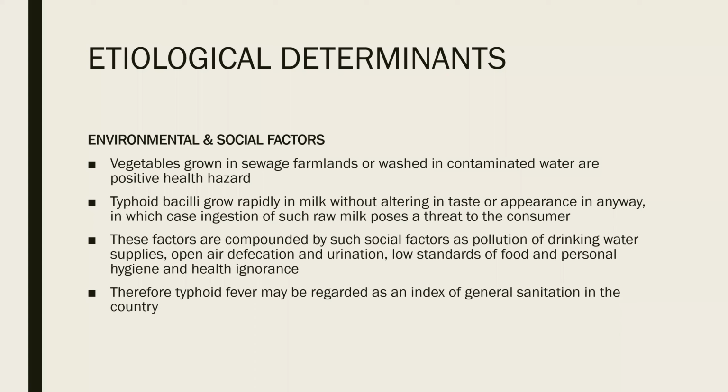Such ingestion increases the risk of the patient getting the infection. All these factors are compounded by social factors like drinking polluted water, open defecation, and low standards of food and personal hygiene. So basically, the increased rate of enteric fever in our setting is an index of the general sanitation of the public.